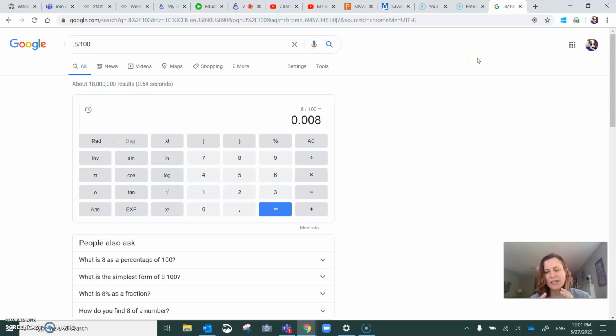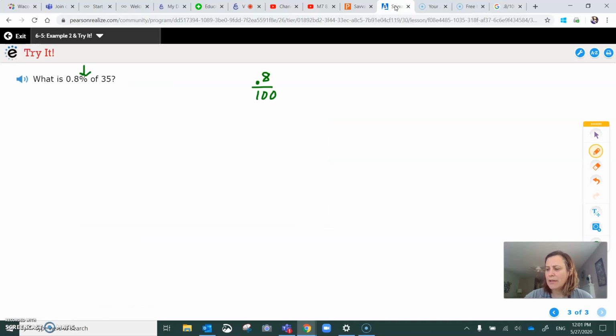When you want to actually use the number and you don't want it to look like a fraction, you have to divide it by 100 to figure out what number you're going to be using. That's really important. So 0.8 divided by 100 is 0.008.